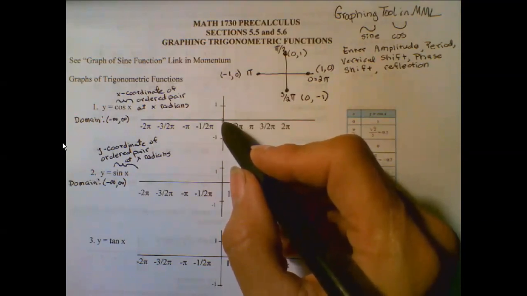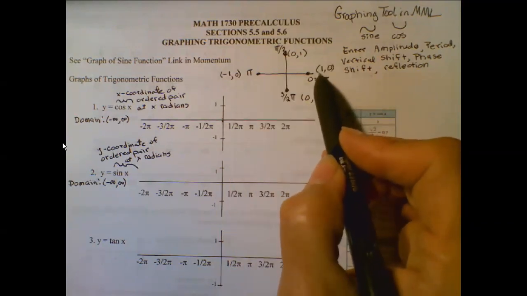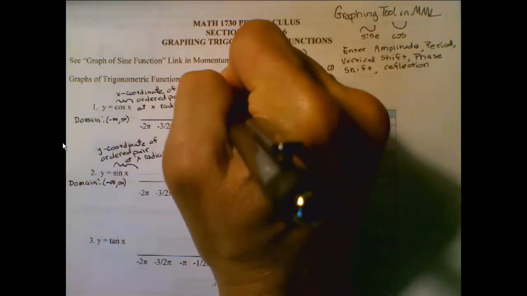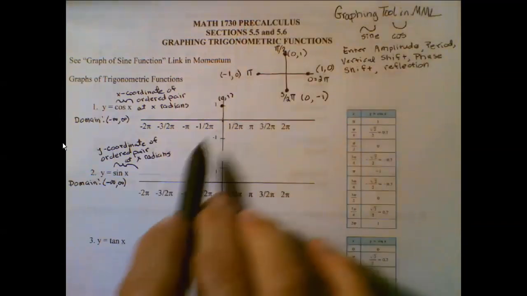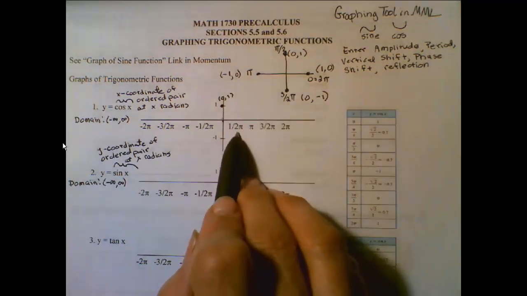Is it 1? Yeah, it's the x coordinate at 0 radians, and the x coordinate at 0 radians is 1. So the point 0, 1 is on the graph of y equals cosine x. And at pi over 2, what is the x coordinate of the ordered pair?